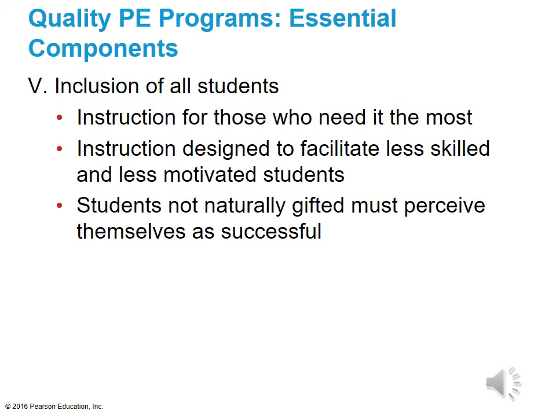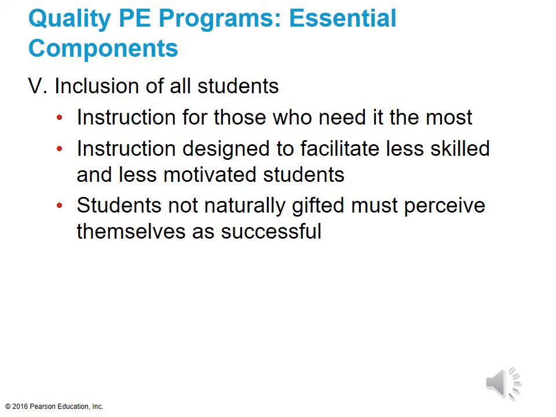The fifth essential component: the quality program should include all students. Our instruction in PE is designed to help the students who need the help the most. The less skilled student, the children with disabilities, these are the ones that we want to have our instruction centered around so that they will be motivated to want to learn and feel good about themselves.